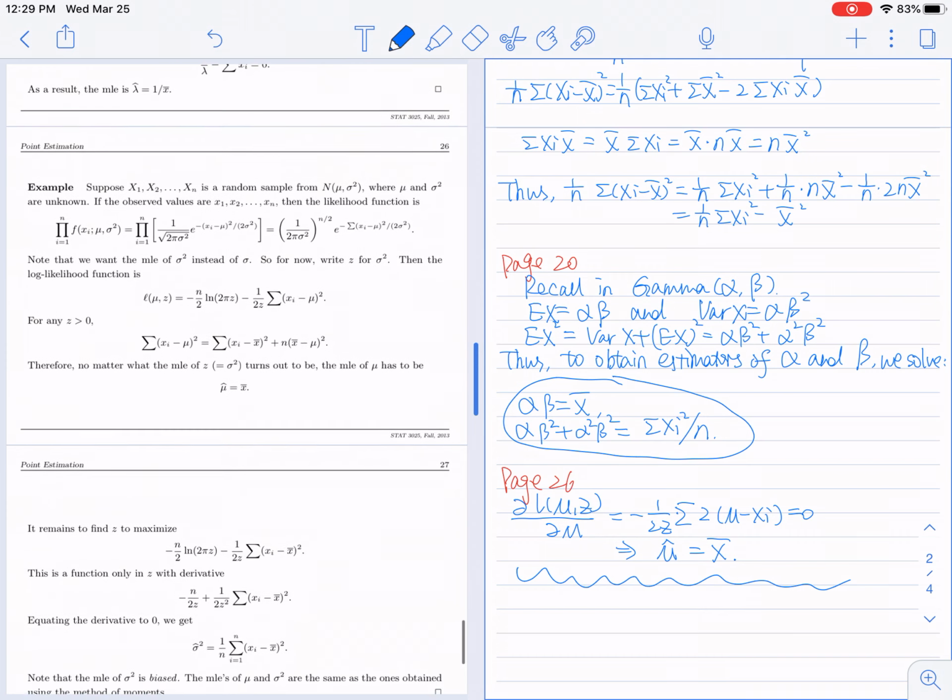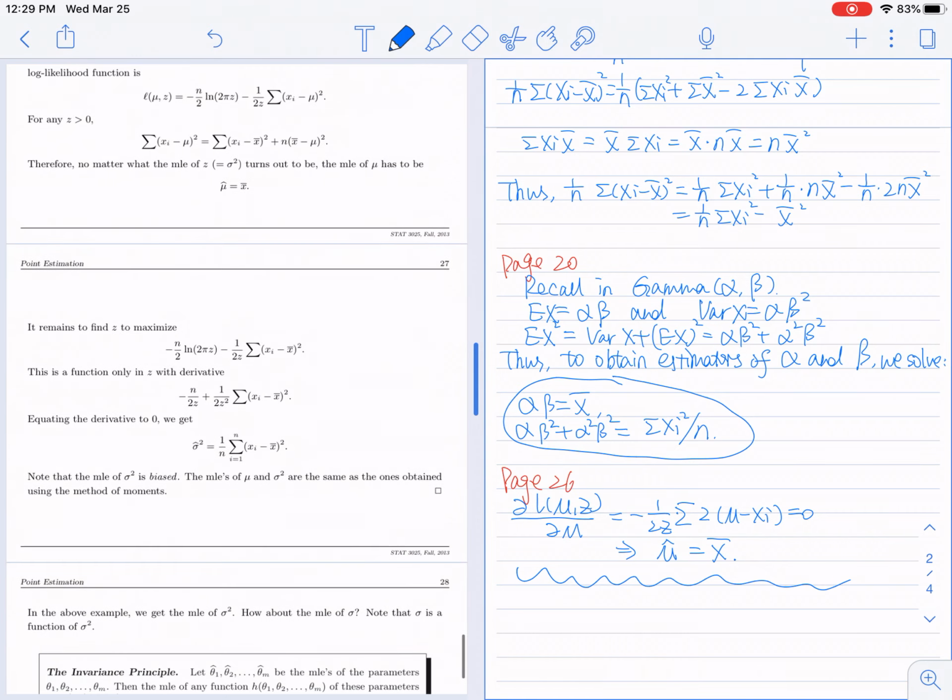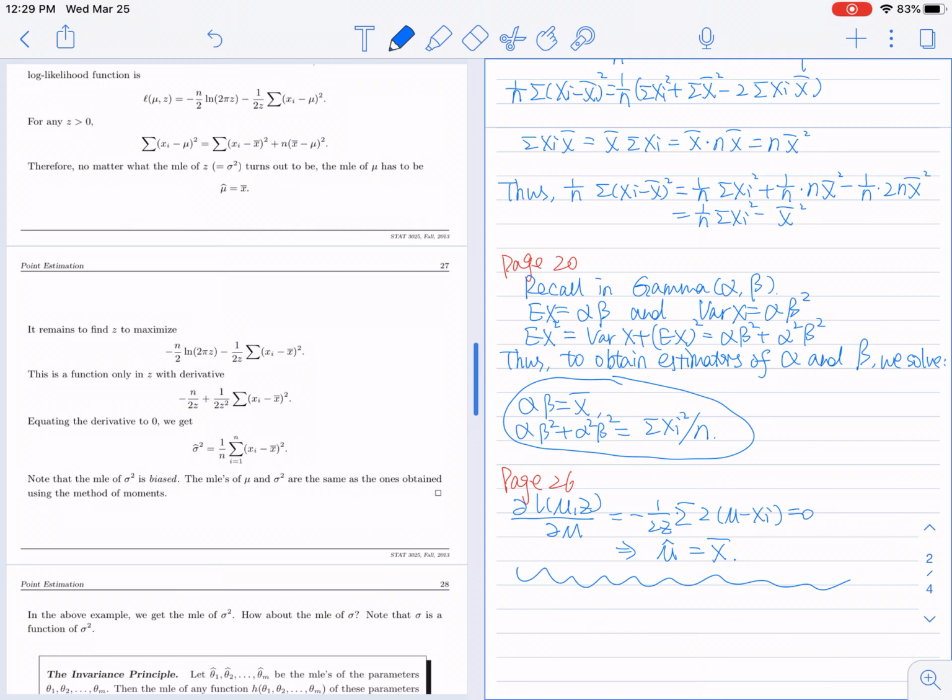Now, in order to derive the maximum likelihood estimator of sigma square, we need to take the first derivative of this L with respect to z. The derivation is written in page 27, and the results are written in sigma hat square.